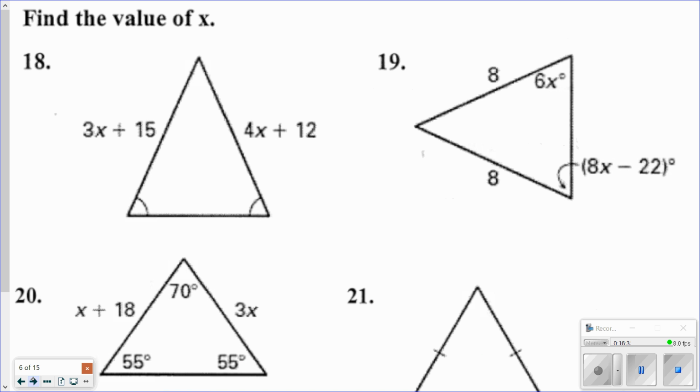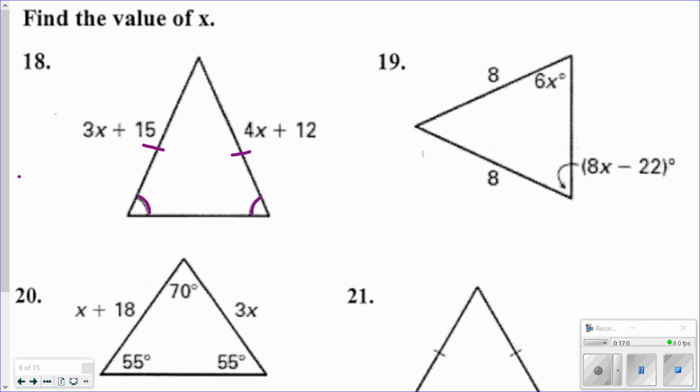All right, so here's some more questions about solving for x. We want to find the value of x in each of these problems. For number 18, I see that I have an isosceles triangle here. How do I know that? Well, I see that my base angles here are congruent. And we know for isosceles triangles, the base angles are congruent, which means these side lengths are congruent, which means I can just set my equations equal to each other.